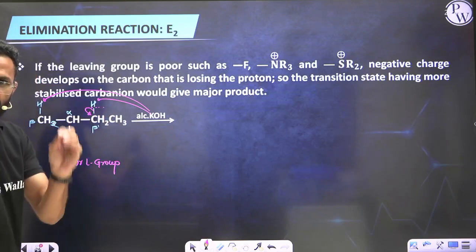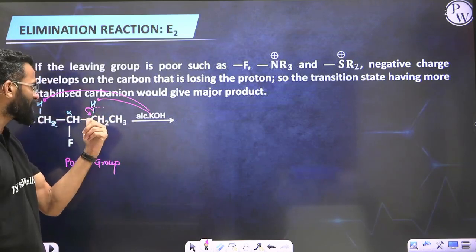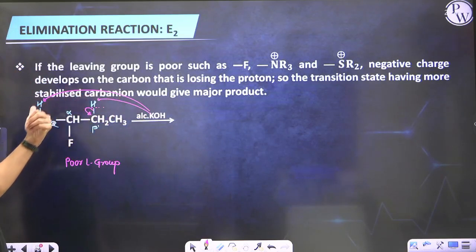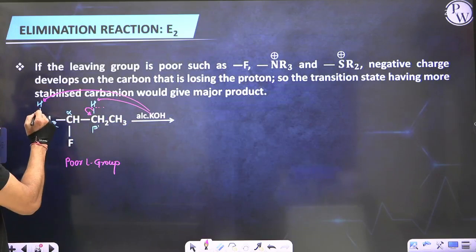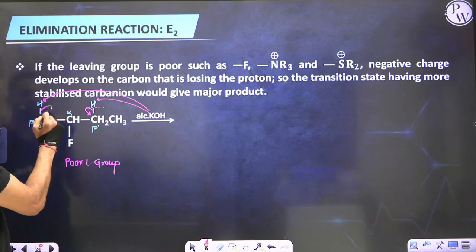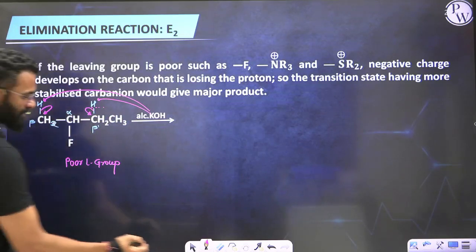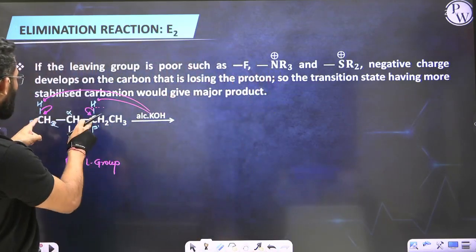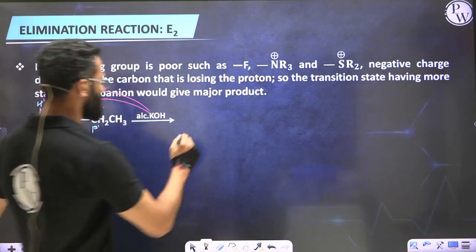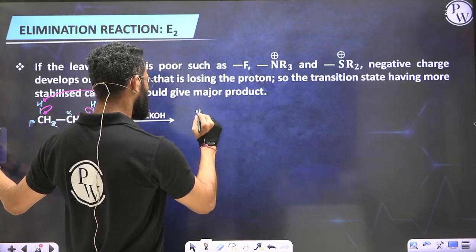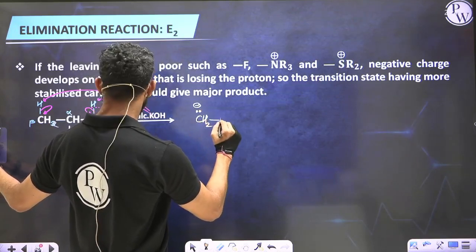Similarly, if abstraction of hydrogen takes place from the beta hydrogen atom, this sigma bond won't shift directly between alpha and beta, because this is a poor leaving group which is going to take time to leave. So this bond pair is going to reside on the beta carbon, which means momentarily there will be development of a carbanion at beta dash as well as the beta carbon. Let me show you that. So momentarily here there is carbanion character developed.